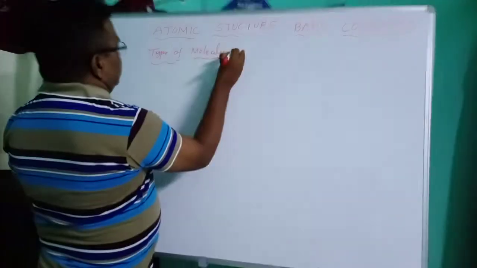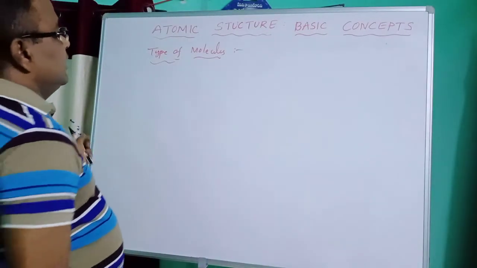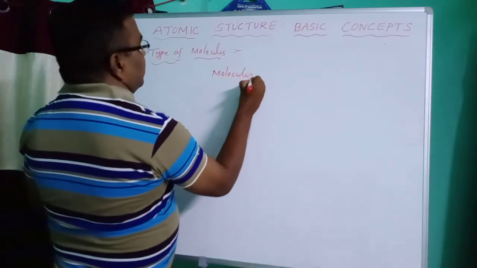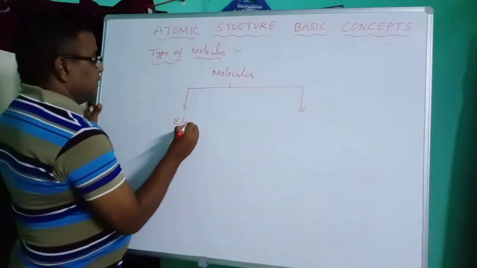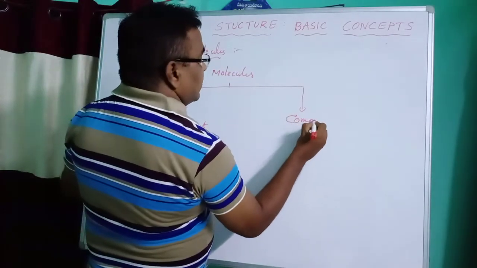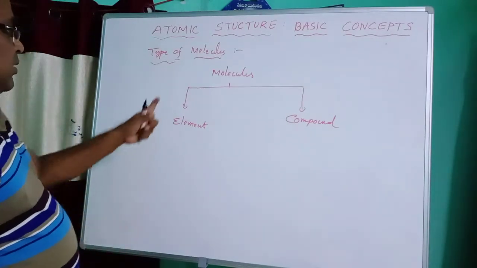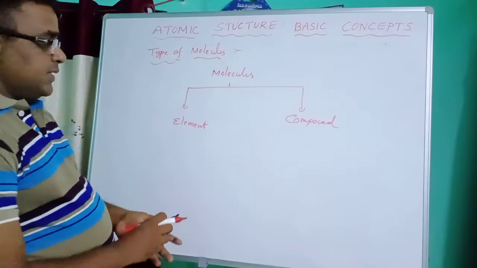Molecules are classified as two types: elements and compounds. Molecules are mainly classified as two types. First one is element, second one is compound.